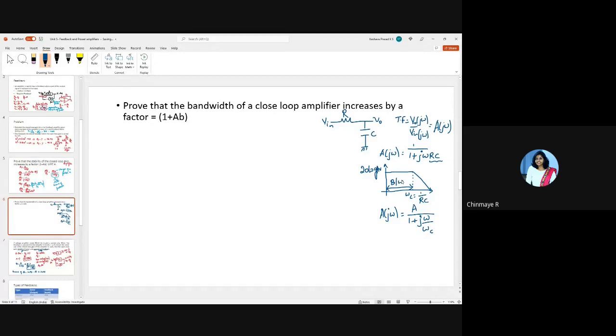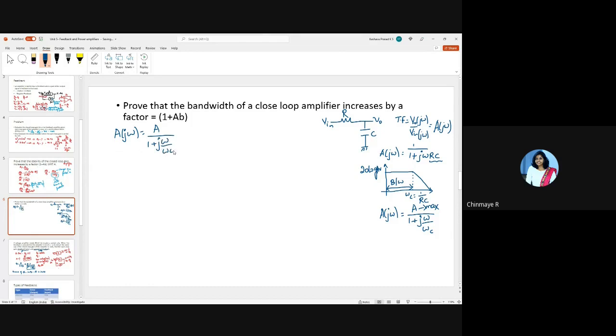Correct? So any single pole system can be represented as A, where A is the maximum gain, divided by 1 plus j omega by omega c. Now, we know that A of j omega is equal to the maximum gain divided by 1 plus j omega by omega c.